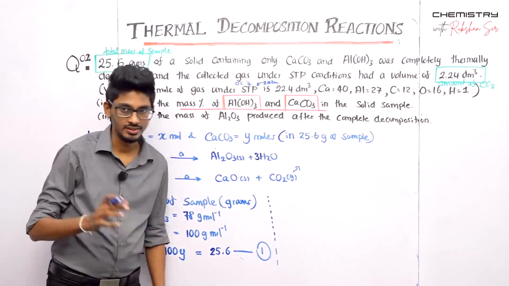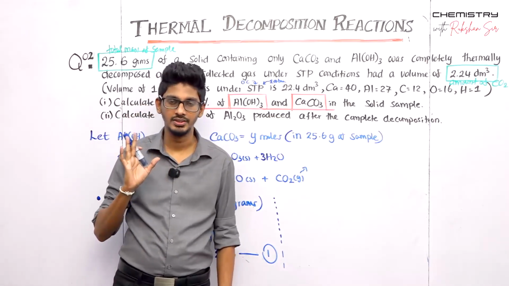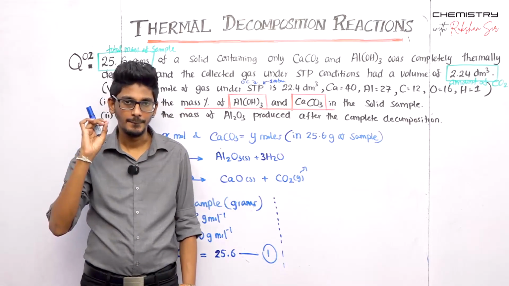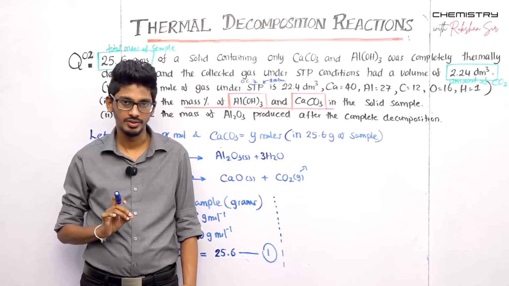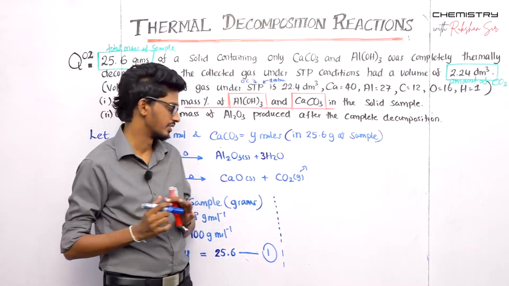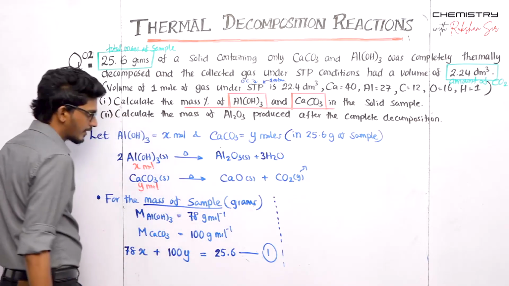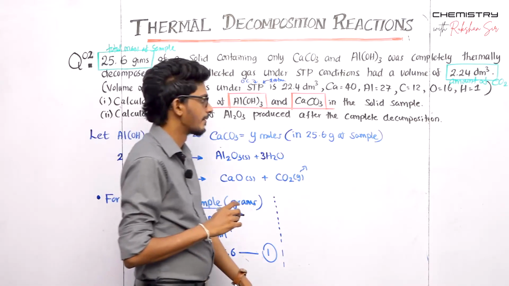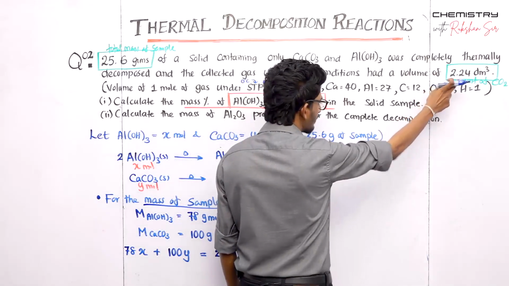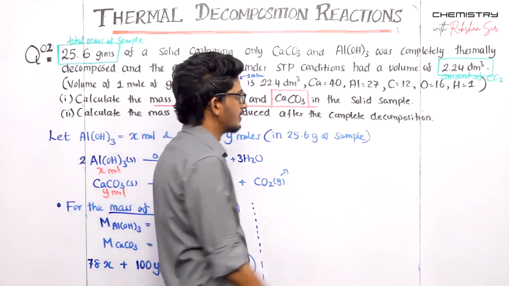I have told you earlier in the earlier question as well that simultaneous equations can be developed only for the masses or only for the moles. So this was about the mass of sample, and we need to come up with some mass of CO2 or moles of CO2 for this data point.